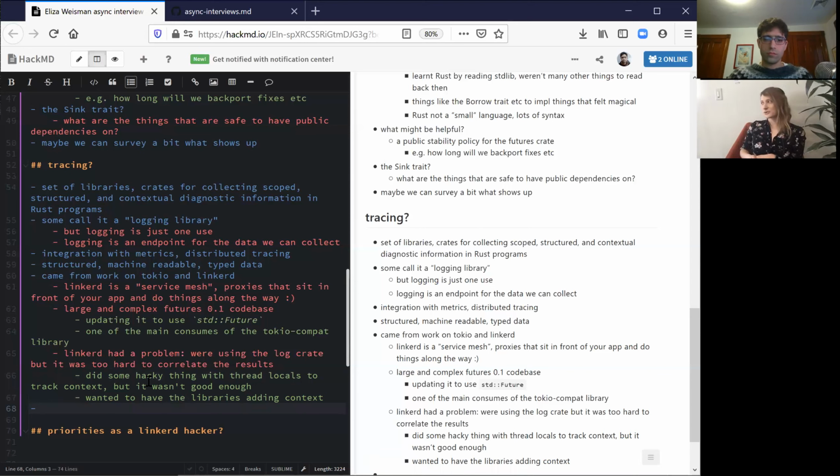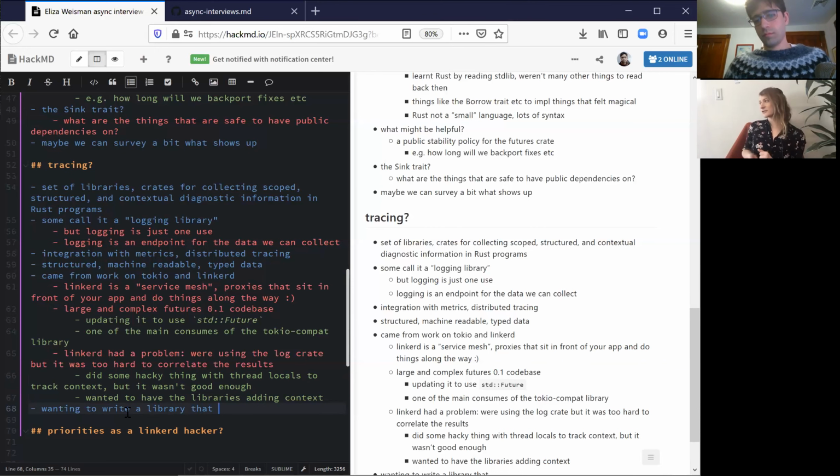This code was Linkerd specific. It had a lot of rough edges that for us were not problems, but if it was in every major Rust networking library, probably would have been problems. And it had some opinions that were, again, Linkerd specific that we didn't want to enforce on everyone who uses Tokio. So we wanted to write a library that would work for all of the users of Tokio, of Tower, of H2, and so on, that we could then use to collect this information.